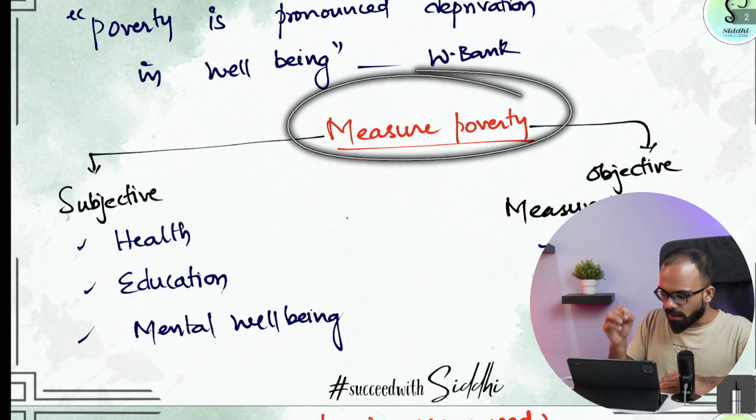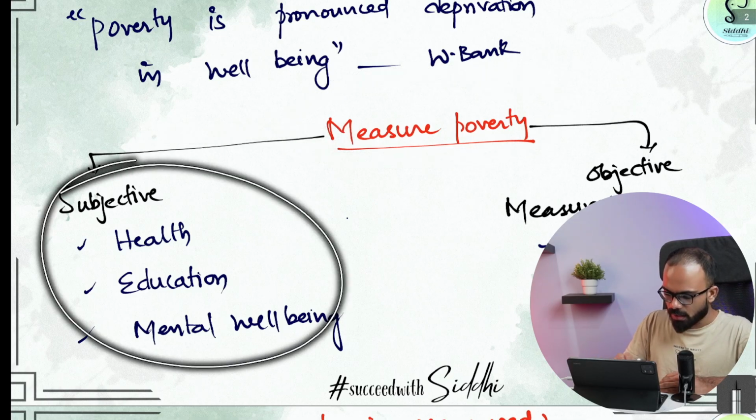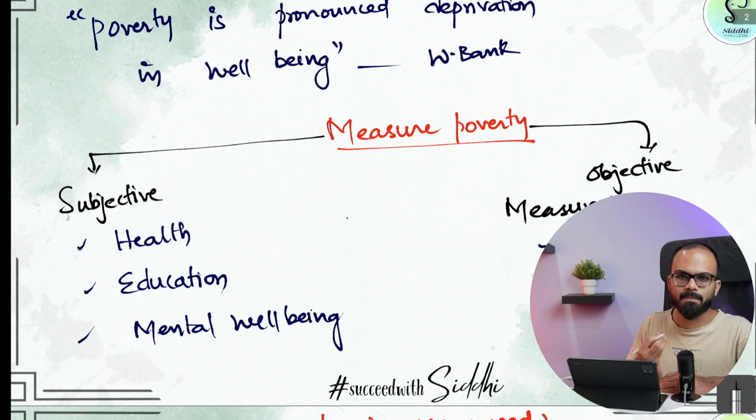With respect to measurement of poverty, there are two ways of measuring it. One is subjective way, that is a way in which it is dependent upon our understanding, and the other way is an objective manner where we precisely take up certain indices and certain metrics and we measure the amount of poverty. Subjective poverty is based on perception.